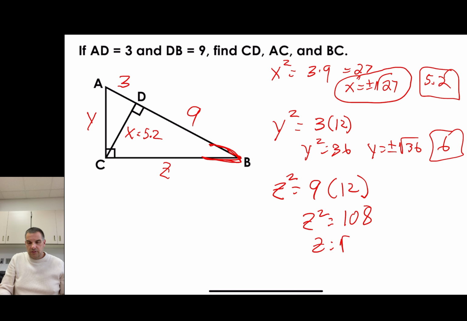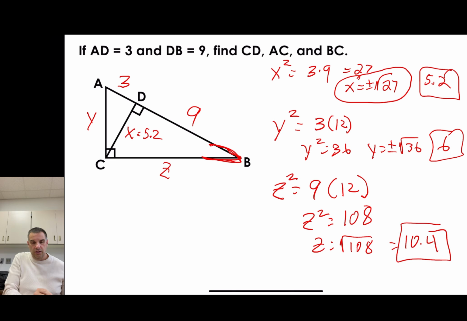Z is going to equal the square root of 108, which is 10.4. And that's your solution. So we said y was 6. This is 10.4. And these are always the formulas that we are going to use to do this.